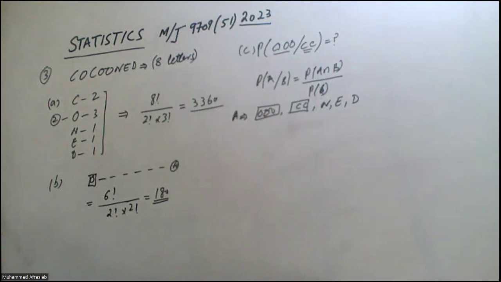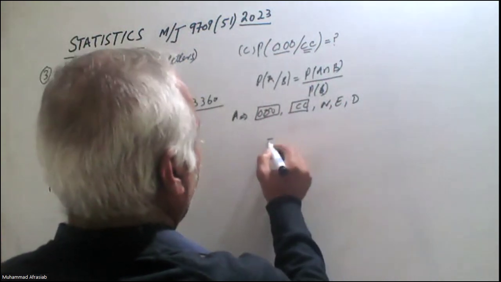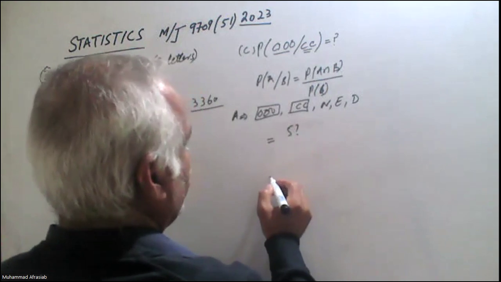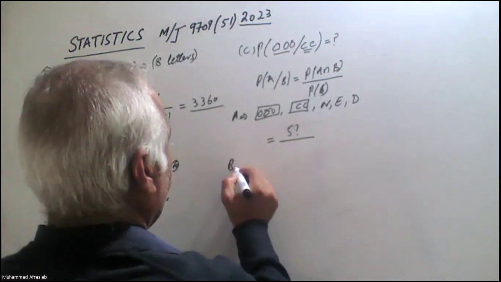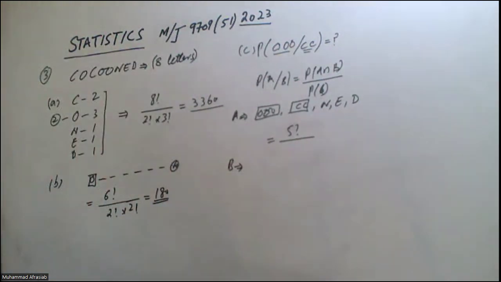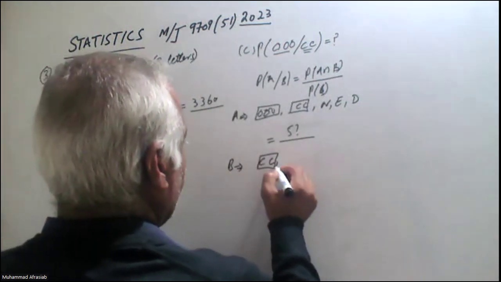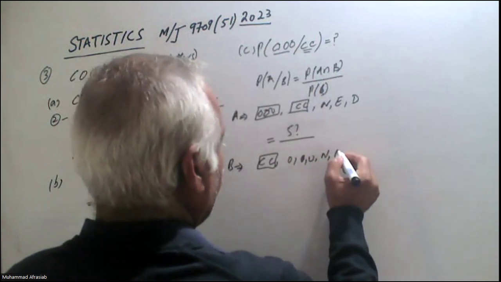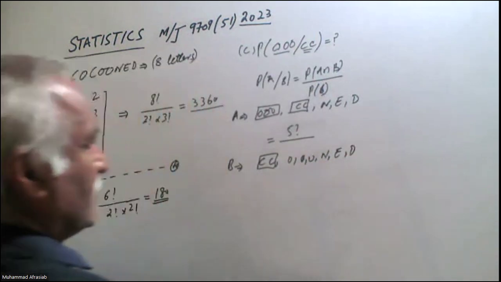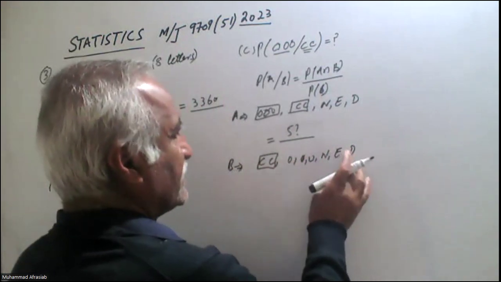So it is basically equal to, this is 1, 2, 3, 4, 5. So it should be equal to 5 factorial divided by probability of B. So B event is there when two C's are together. So we make this block as two C's, then O, then O, then O, then N, then E, and then D. So this option will be equal to 1, 2, 3, 4, 5, 6, 7.